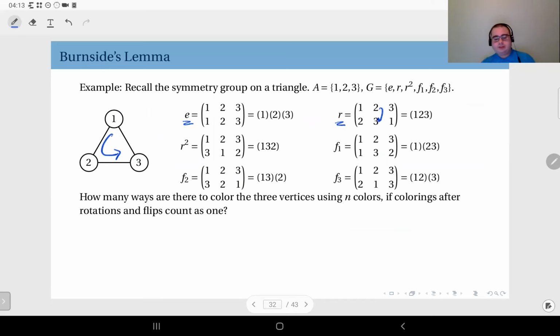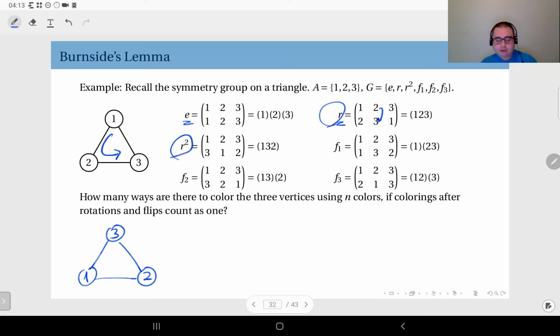So what this is, if you rotate this triangle in this direction once, or maybe you can call this 120 degrees, depending on your approach, you obtain, well, if you rotate that actually, 1 becomes here, 2 goes here, and 3 goes here. Okay, so this is the picture you obtain when you apply this permutation to this triangle.